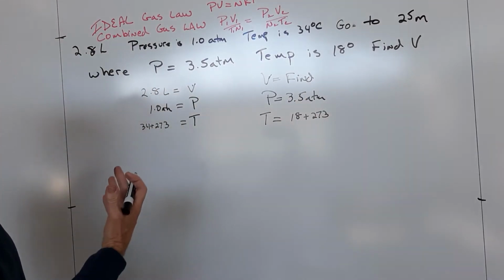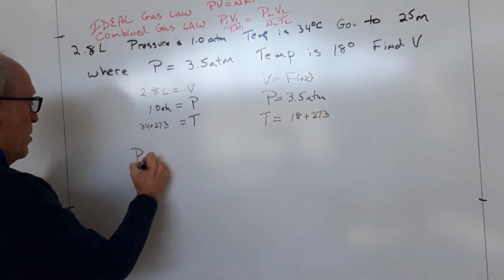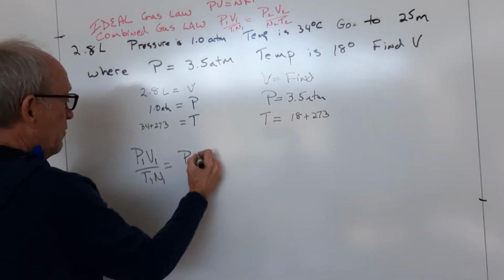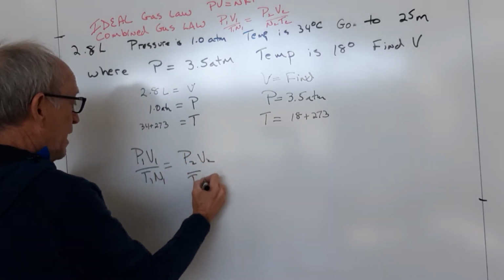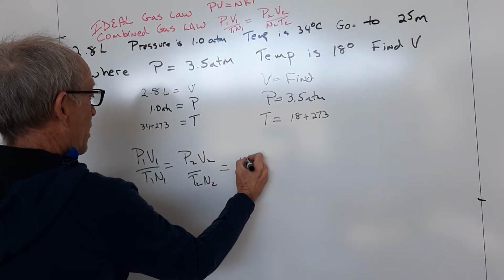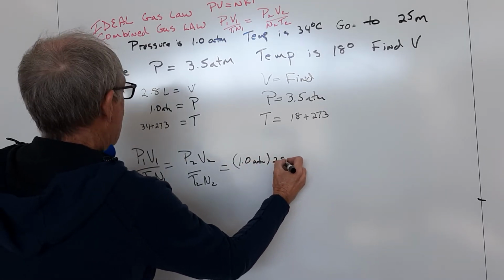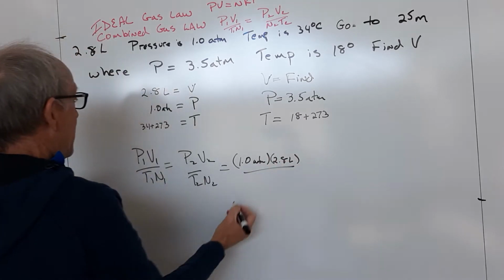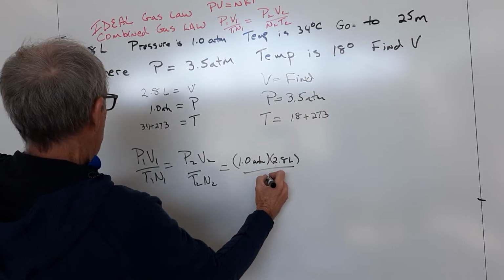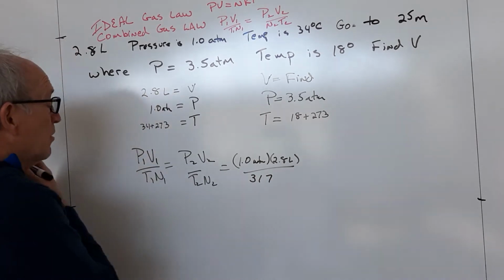All right, let's set up our formula. We know we have a change, so I've got P1 V1 over T1 N1 is equal to P2 V2 over T2 N2. I'm going to plug everything in. I get 1.0 atm times 2.8 liters divided by temperature, which is 317, I hope that's right.